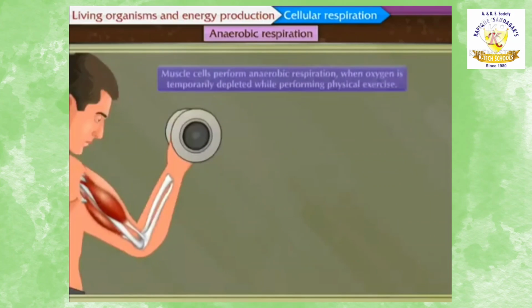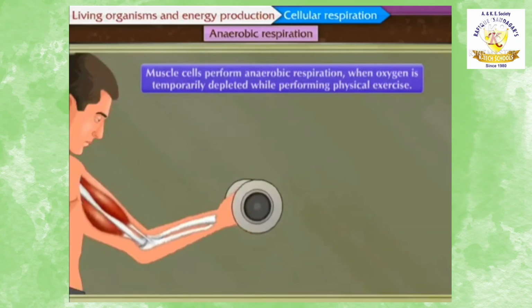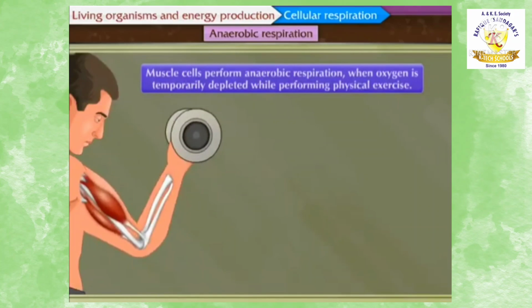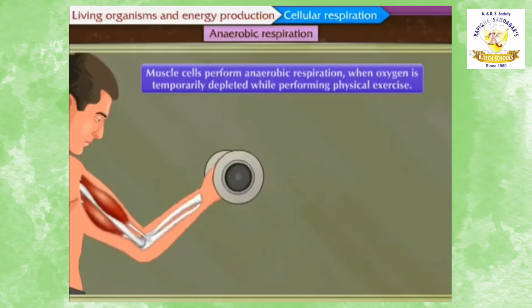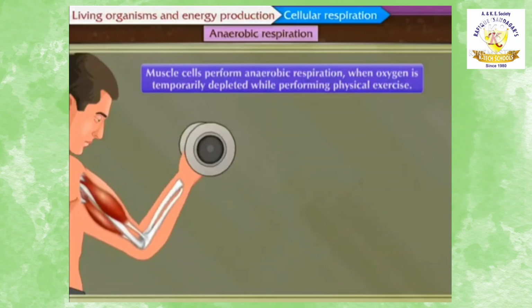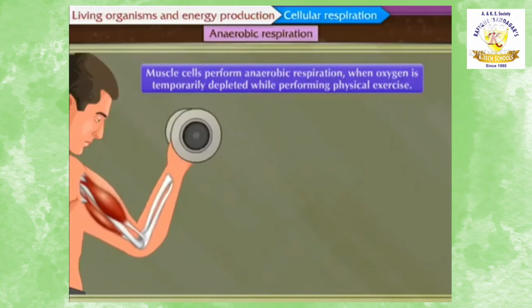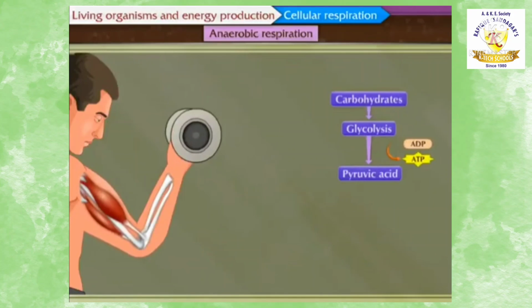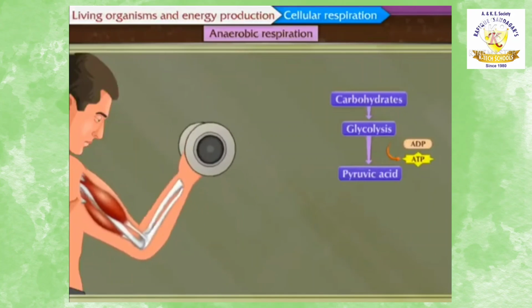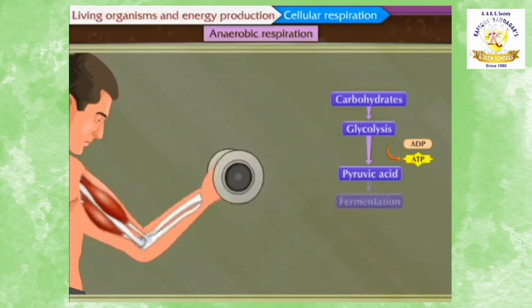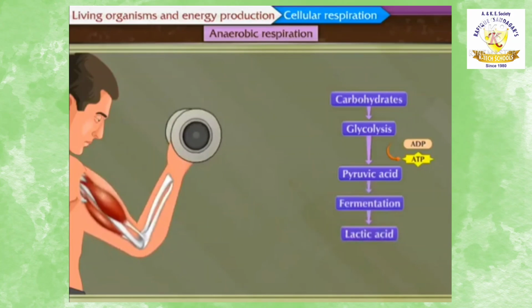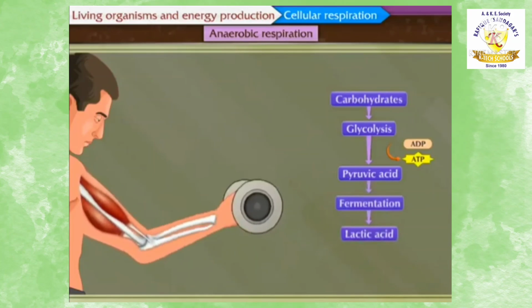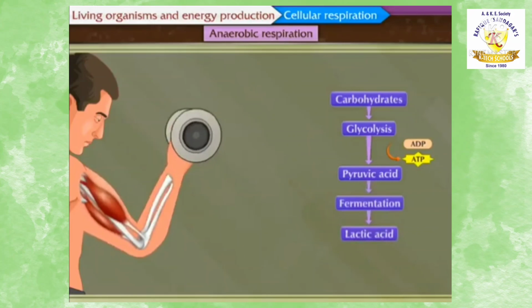Understood, children? Similarly, our muscle cells also perform anaerobic respiration while performing exercise. Due to this, less energy is produced in our body and lactic acid accumulates, due to which we feel tired.